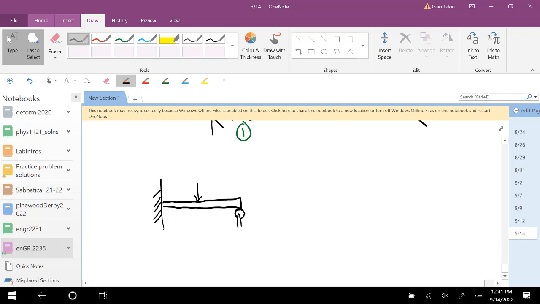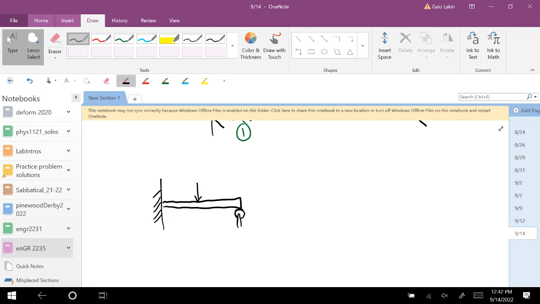In 2D, you only have 3 equations from Newton's laws, right? So you can only solve for 3 variables. The fixed joint introduces 3 variables, and the roller introduces 1 variable. So you have 4 variables, and you can't solve that equation.